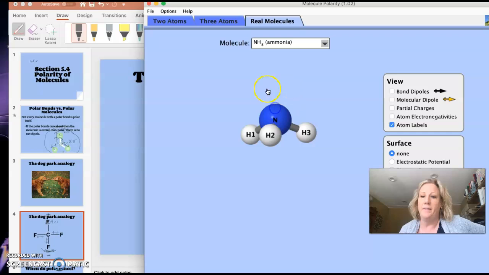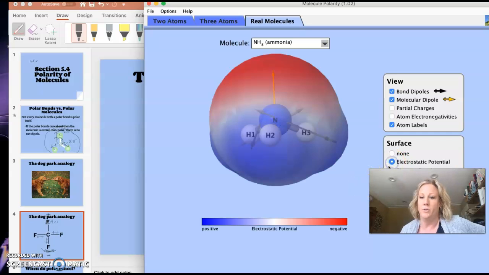And because of that, it's going to be negative up here. So I'll show you, we can put the bond dipoles in. That gold arrow is telling me it's negative on this end and positive on this end. And I can show this, it's really red here.